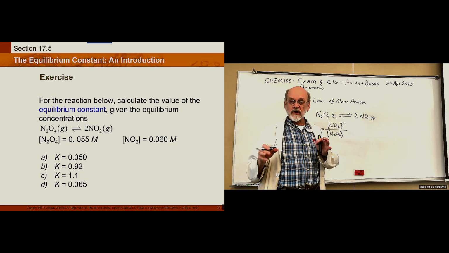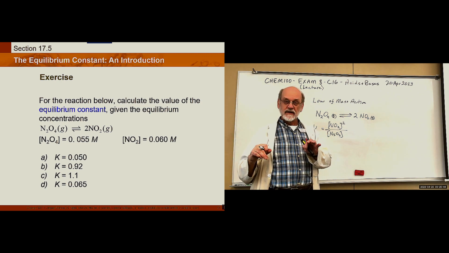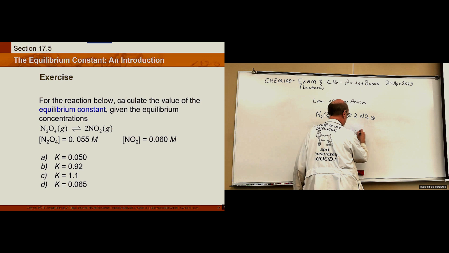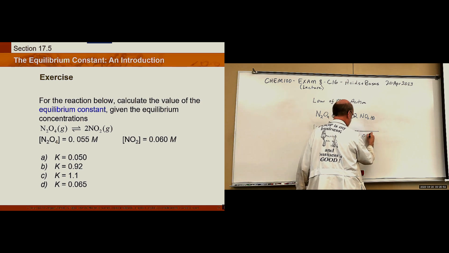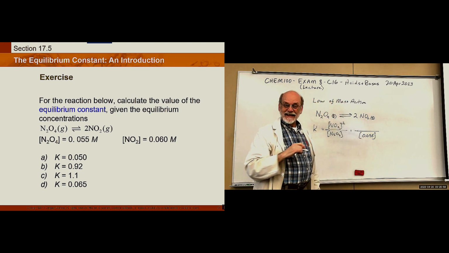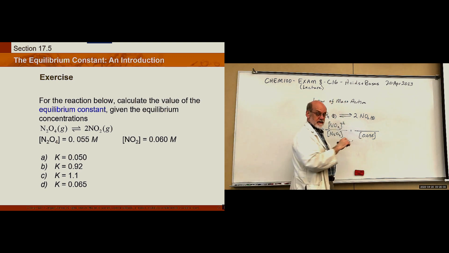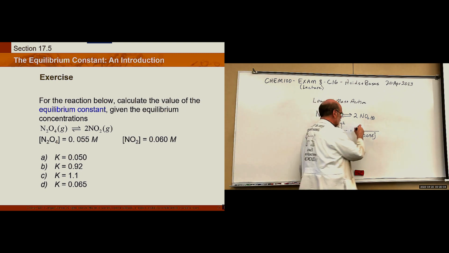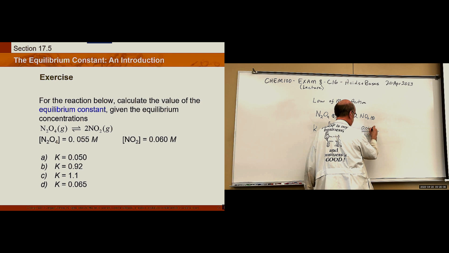Okay, and we're given values here. These values were determined at equilibrium. So N2O4 is 0.055 molar. Okay. And NO2 is given as 0.060 molar.